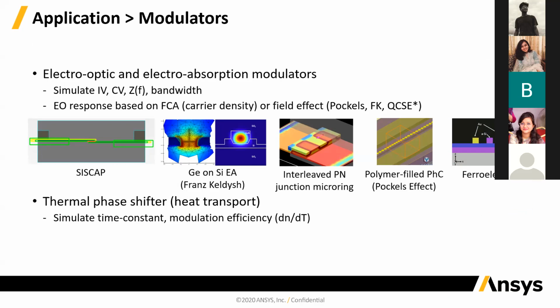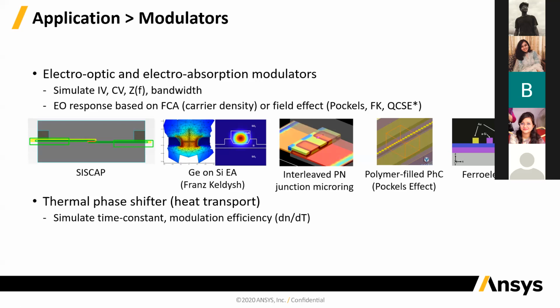You control that by applying some electrical signal, and that's how you can superimpose an electrical signal or information on top of an optical signal. These are called modulators, and these are very widely used components in photonic systems.